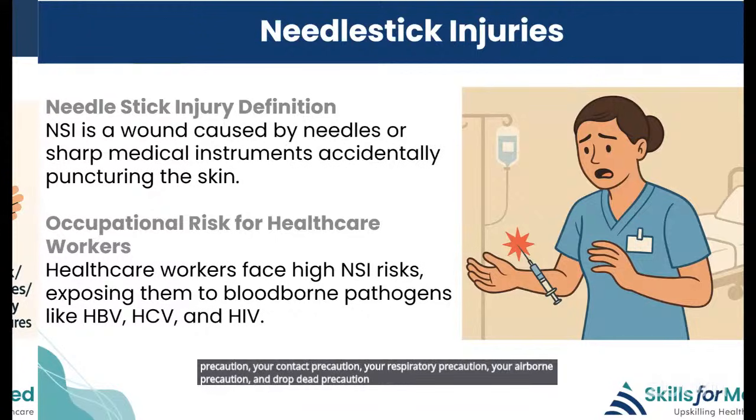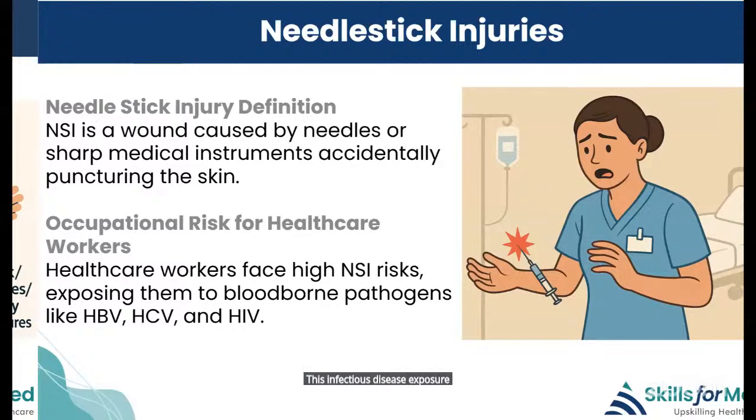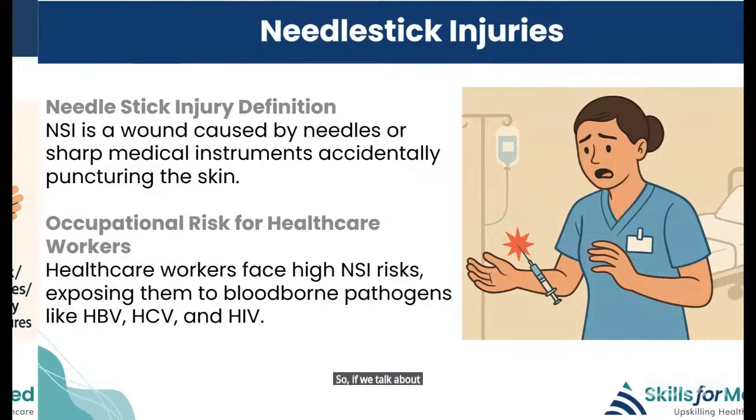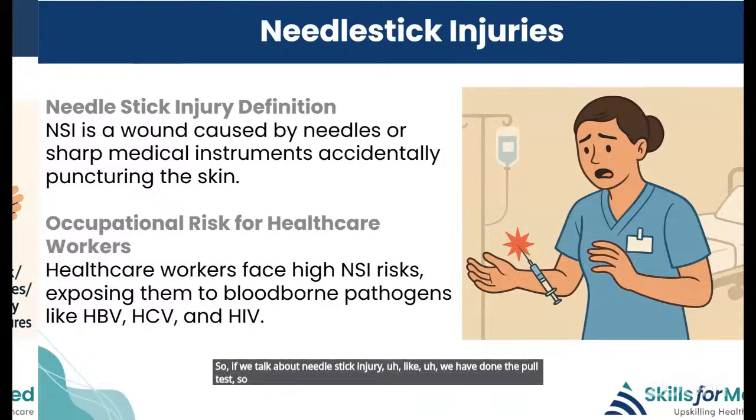Any breach in following these precautions, you will land into infectious disease exposure, which includes needle stick injury, TB exposure, or any infectious disease in the hospital. If we talk about needle stick injury, we have done the poll test. I think 60% of you have had an incident in your lifetime.